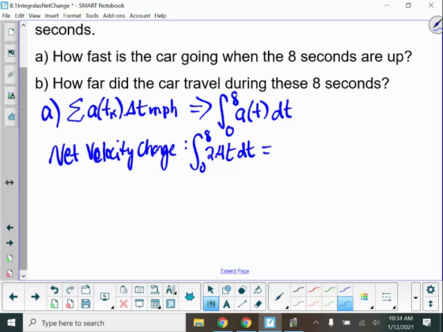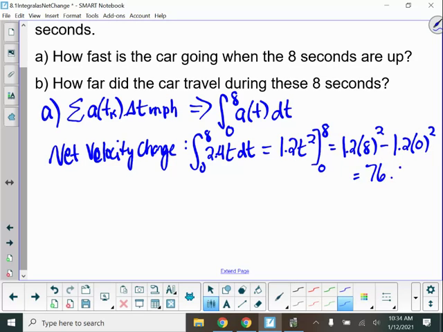So if we do the antiderivative here, we are going to get 1.2t squared. We're evaluating that from 0 to 8. So that's 1.2 times 8 squared minus 1.2 times 0 squared. And that's going to be 76.8 miles per hour.